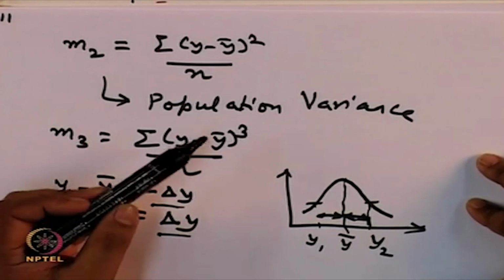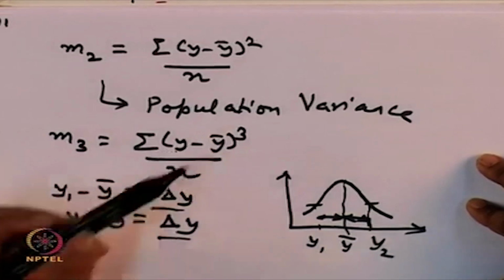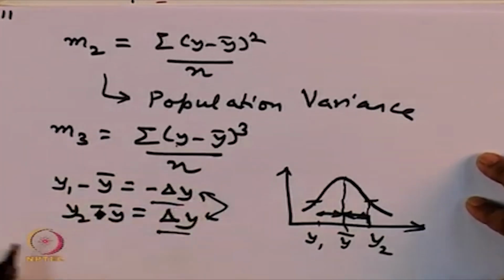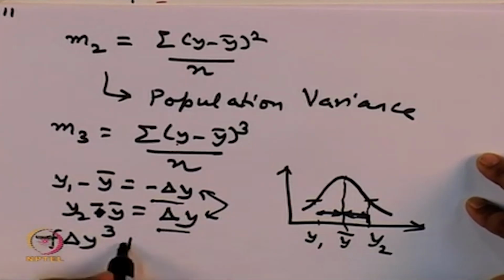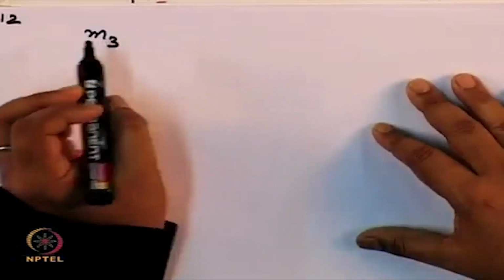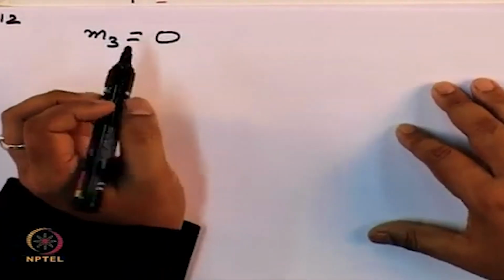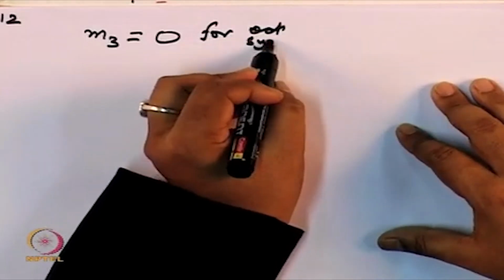If you have a negative number, its cube is negative; if you have a positive number, its cube is positive. So if you add these two terms, it will be f times minus delta y cubed plus f times delta y cubed, and these two terms equate to 0. So this would mean that m3 will return a value of 0 for symmetric distributions.